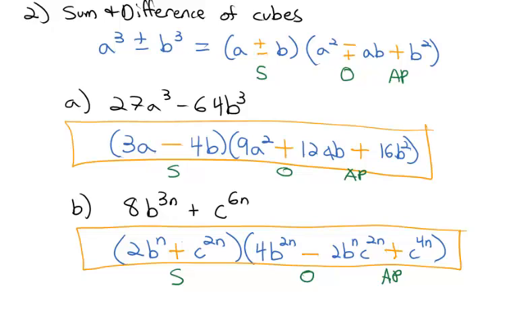So with 4 terms, we use grouping. With 2 terms, we use the special products. With 3 terms, though, that's the one that gets the most attention. That is our guess and check method with 3 terms.